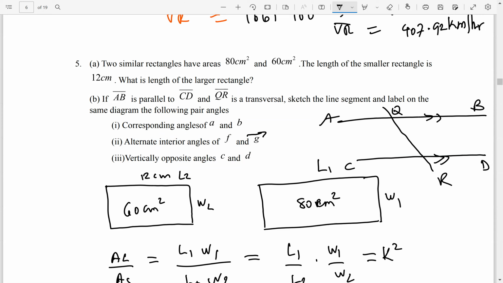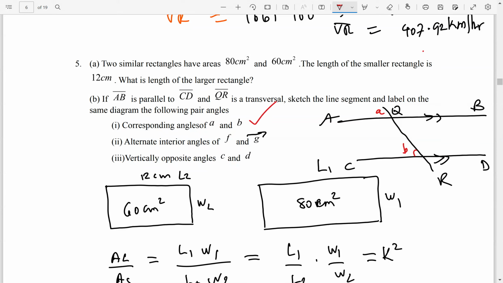So we're going to label the following angles, corresponding angles of A and B. So if here is A, dear students, the corresponding angle is going to be B. So if here is A and there is B, A and B are corresponding angles.